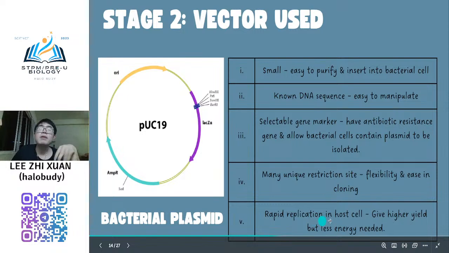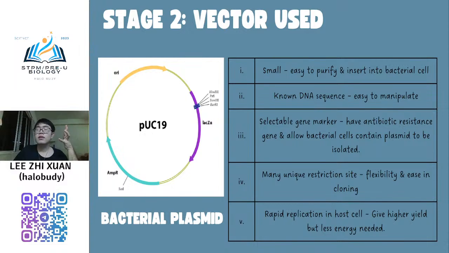And also rapid replication. The plasmid can replicate rapidly in a very short time. Compared to the chromosome, which is very complex and very large DNA, it is not easy to replicate because it is very long, so it takes time.